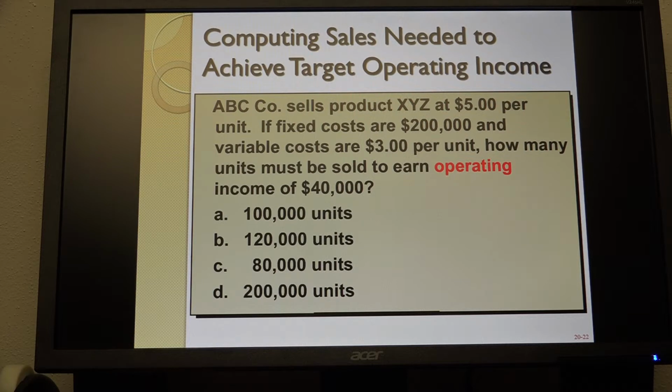Again, you would take the $200,000 and add 40,000, so that's your numerator, 240,000, and divide it into what?